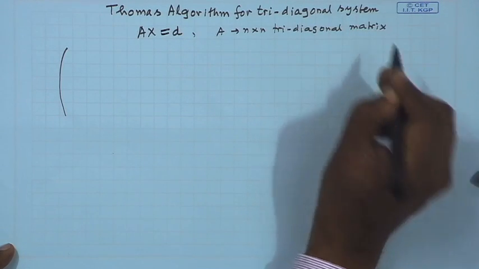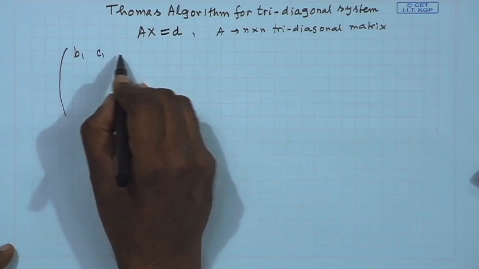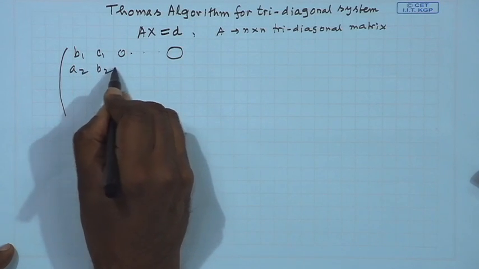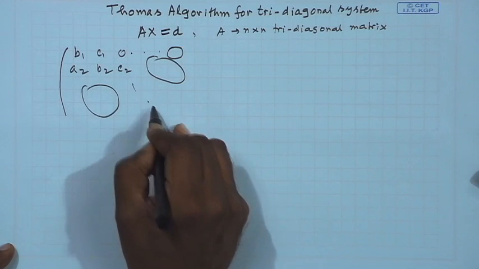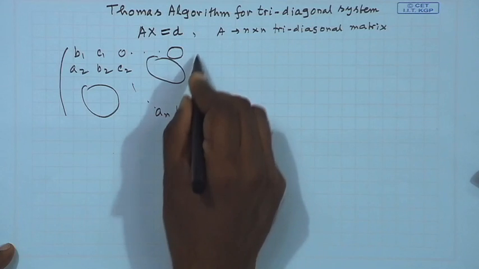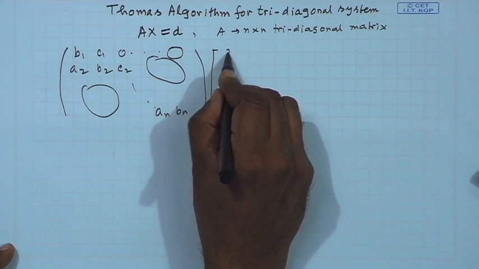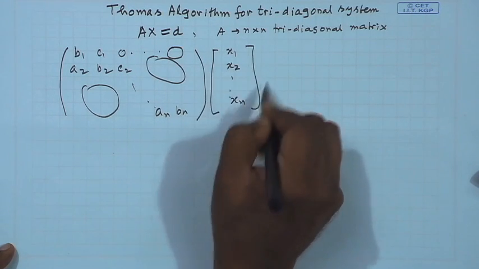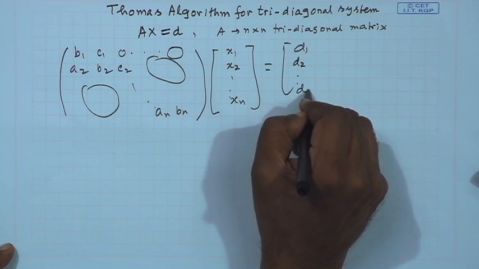Say this is B1, C1, 0, then A2, B2, C2. Let us put a big 0 over here, and the last row is An, Bn. This is multiplied by the vector of unknowns x1, x2, xn, and d1, d2, dn.